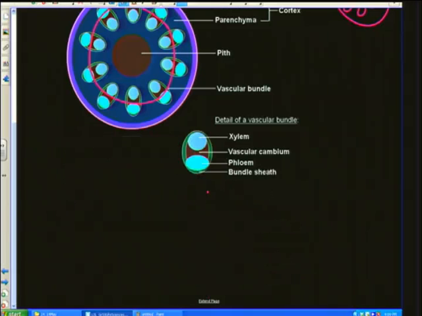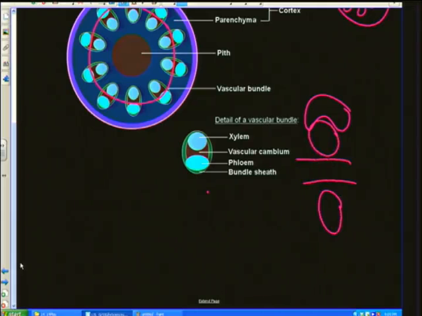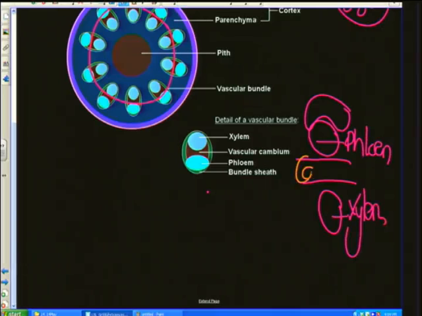Now, if we were to have a look at the vascular bundle, it's got a little hat of sclerenchyma, and then the three regions we're going to concentrate on are these three that I've joined. One, the phloem. Two, the xylem. And then the star of the show today, cambium.